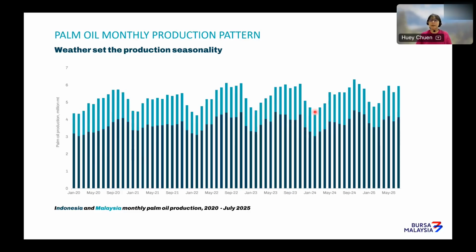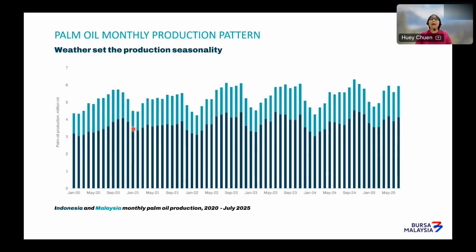This is monthly production, and you can see there's always a bell shape. It starts from a low, peaks somewhere in August, September, and October, and there will be a sharp drop in production subsequently in November, December, January, and February. And the trend continues. So this is a seasonality that you need to be aware of. Usually the third quarter has the highest production, and coming to the final quarter and the first quarter, the production is low.